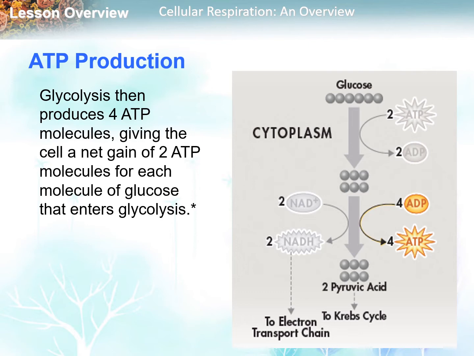Glycolysis then produces four ATP molecules, giving the cell a net gain of two ATP molecules for each molecule of glucose that enters glycolysis. So again, at first, it deposits two ATP, so it uses up these two ATP, then produces 4 ATP, and so the net gain will be 2 ATPs at the end of this stage.